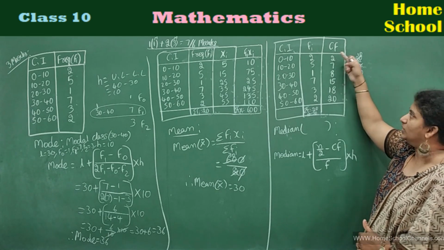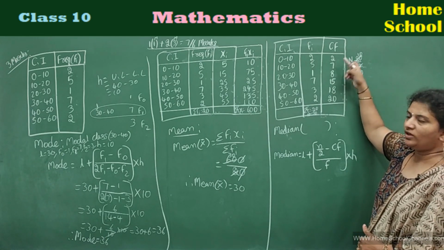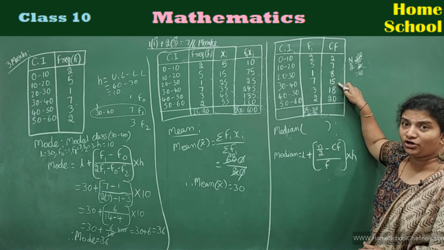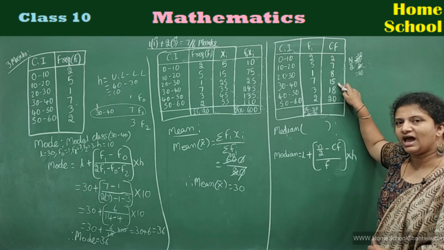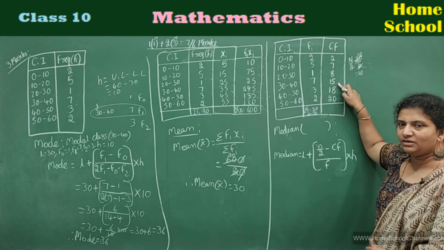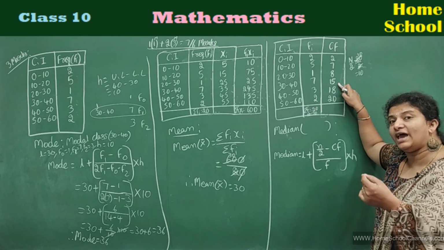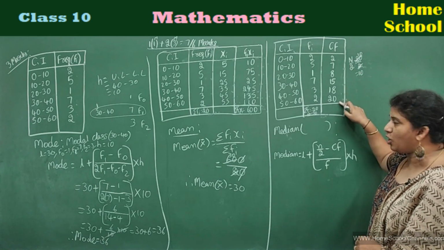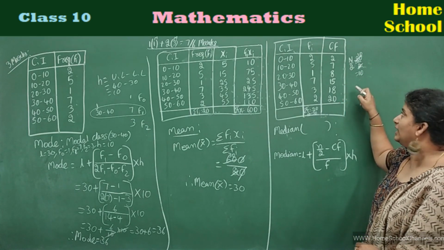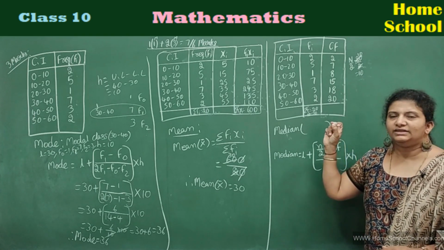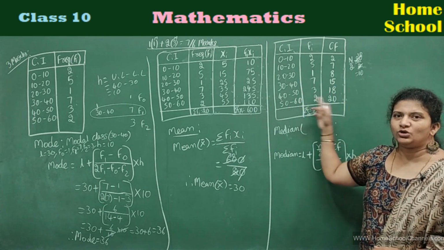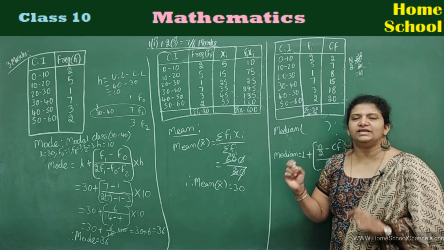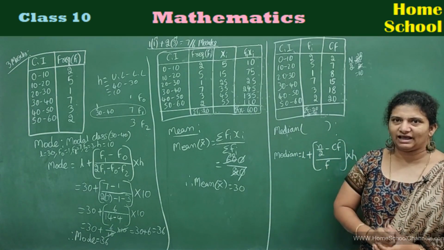Next. No. Next. No. And the one who is having 15 rupees will say, yes, I can give you 10 rupees, meaning he has more than 10. The first person among your friends who can give you the amount, that row you mark as the median class. This is an example, easy to find the median class.